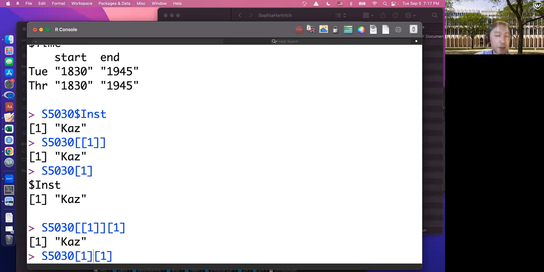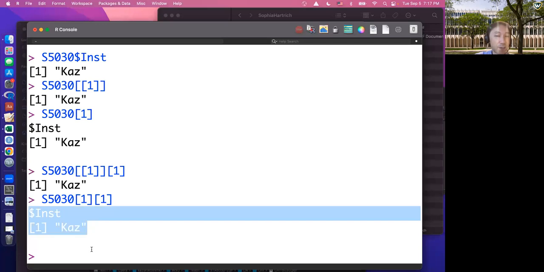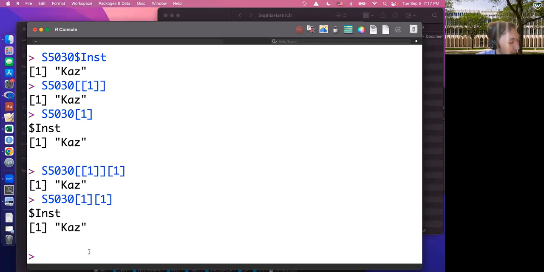But this one behaves differently because this is a list, okay, and we specified just the first element of the list. That is still the INST, right? S5030 single bracket 1 is a list consisting of one object that is INST. So the first object of that is still INST. So that's a slight difference.